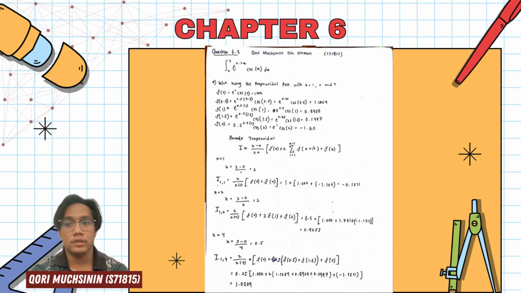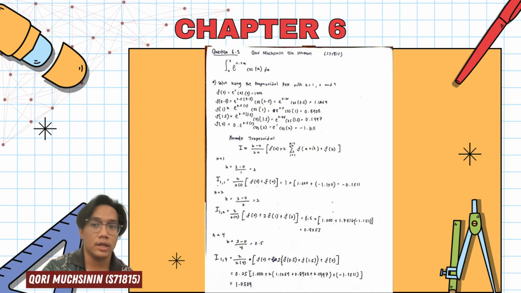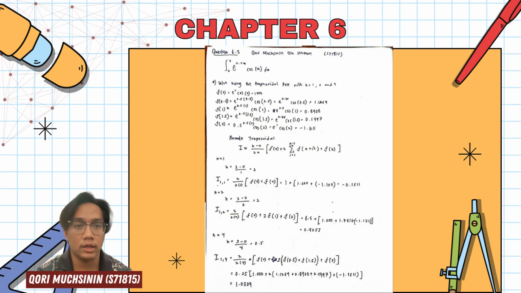By doubling our segments to n equal to 2, our step size shrinks to 1, and the approximation jumps dramatically up to 0.9253. Finally, at n equal to 4 segments with a crisp step size of 0.5, our trapezoidal estimation refines even further to 1.0509.